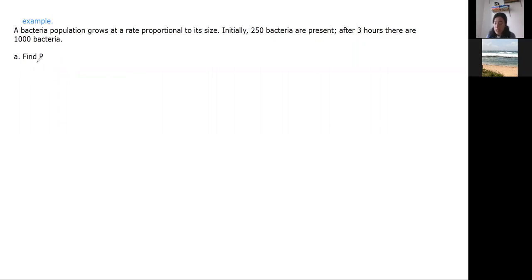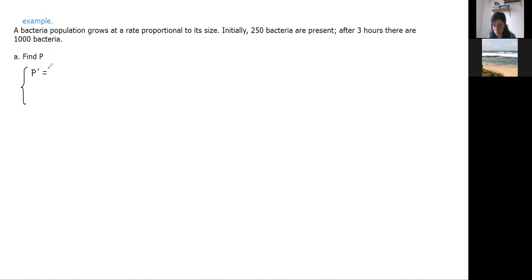And to find the function P, we're going to have to set up the differential equation that models this problem, and then we're going to have to write down the initial conditions that we have in order to find the different parameters of this type of expression. All right, so we'll have first that dP over dt, so P prime, is equal to, so this bacterial population grows at a rate that is proportional to its size.